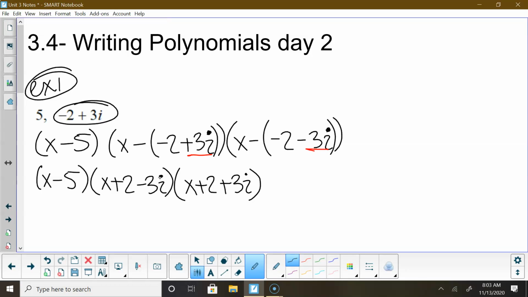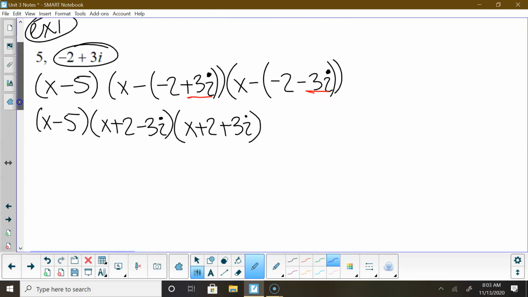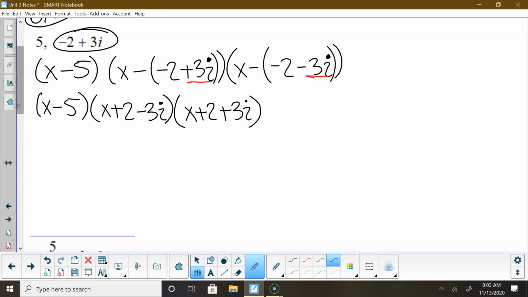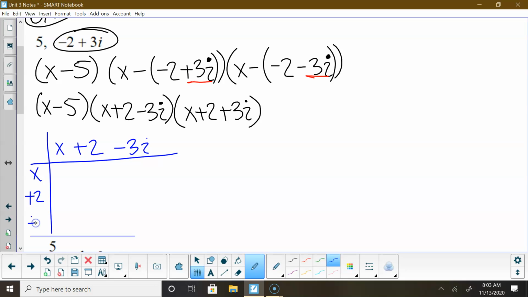And then you have the same kind of tedious steps as before. I always try to get rid of my more complicated roots first because, let's be honest, it's like ripping off a Band-Aid, right? Just get it done and over with. So I've got x plus 2 minus 3i, x plus 2 plus 3i.